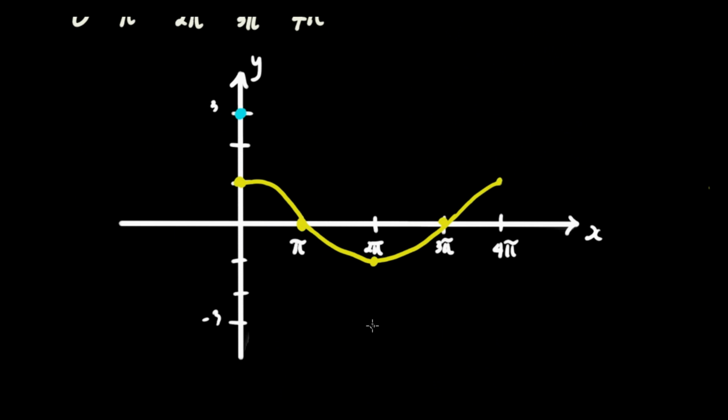Intercept ulit. So, magbababa tayo sa negative 3, and then intercept again, and then we'll go up again to positive 3. So the graph will look like this one. Okay. And then we'll go up to this point.